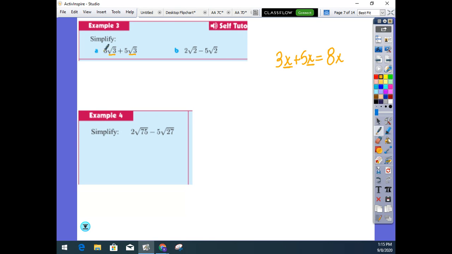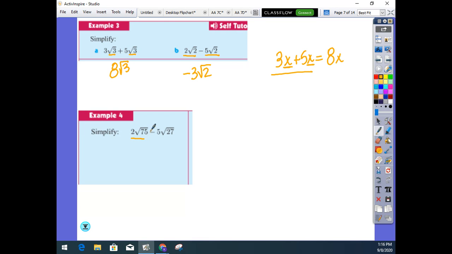So if there's 3 radical 3's here, and I'm adding 5 radical 3's here, you add the coefficient and keep the like term the same. Here we are subtracting like terms. 2 minus 5 is negative 3, radical 2. So we can only add or subtract when there are like terms.